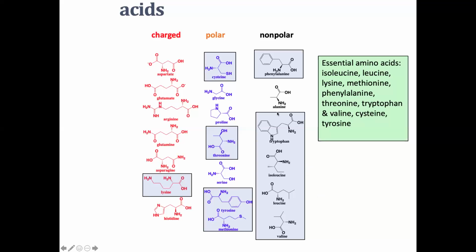Now, in the boxes here are the essential amino acids, and those are the ones that you can only get by eating them in your diet. The other amino acids, your body has the ability to create from other sources, so they're called non-essential. But basically, the reason that you eat protein is to make more protein.